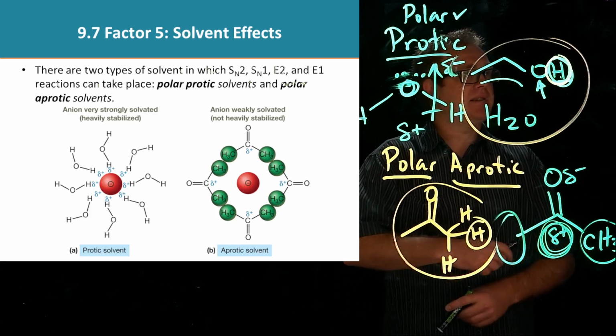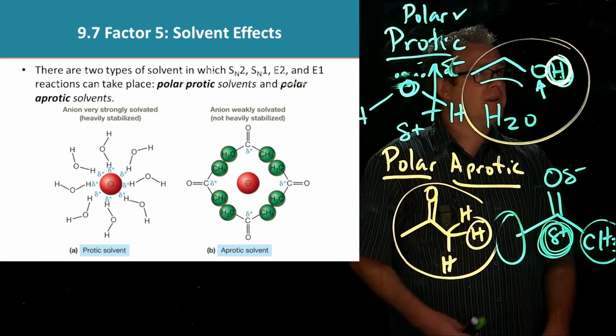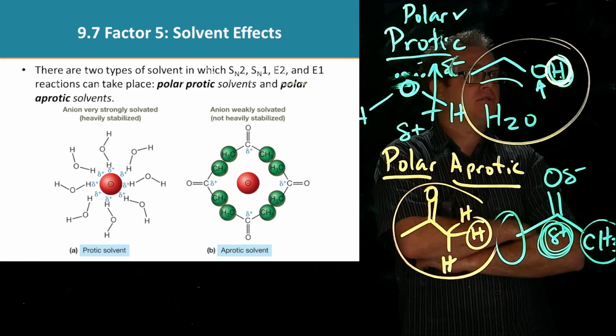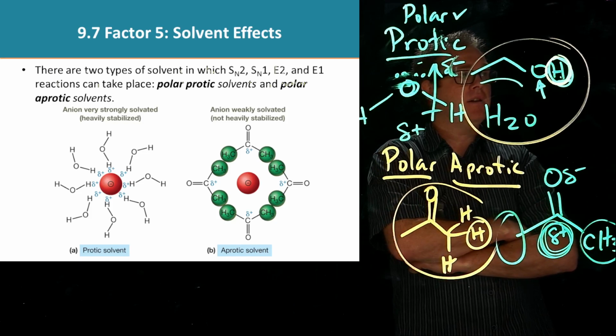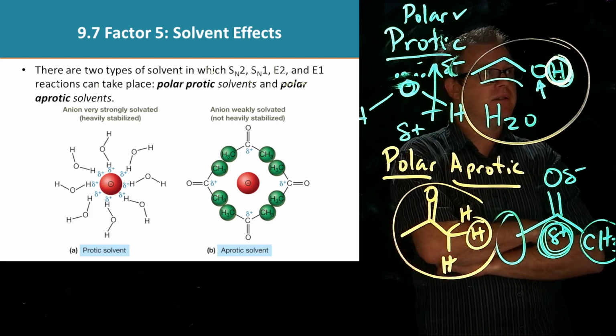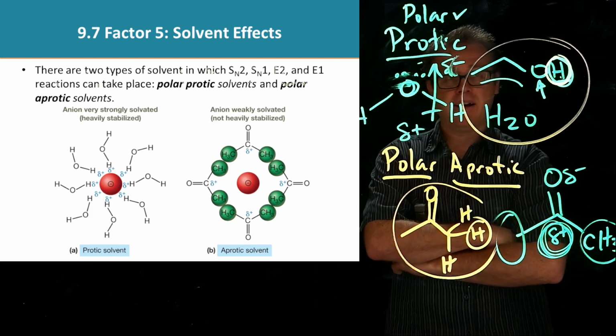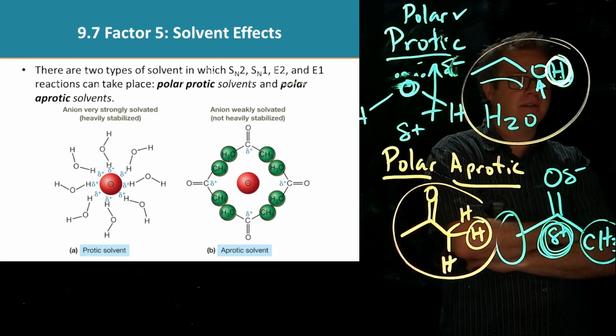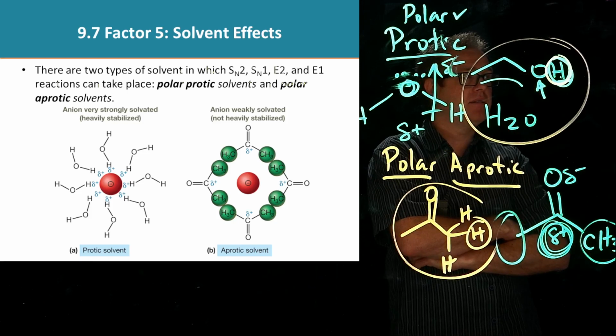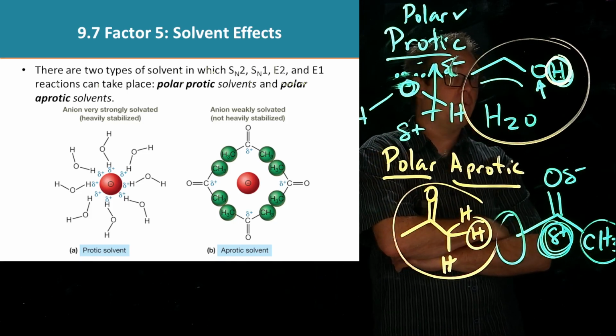So just look at the distance. When you look at that PowerPoint slide, look at the blue partial positives on the group on the left. Do you see how close those partial positives are to the anion? And compare that to the structure on the right. You see those partial positives are further away.